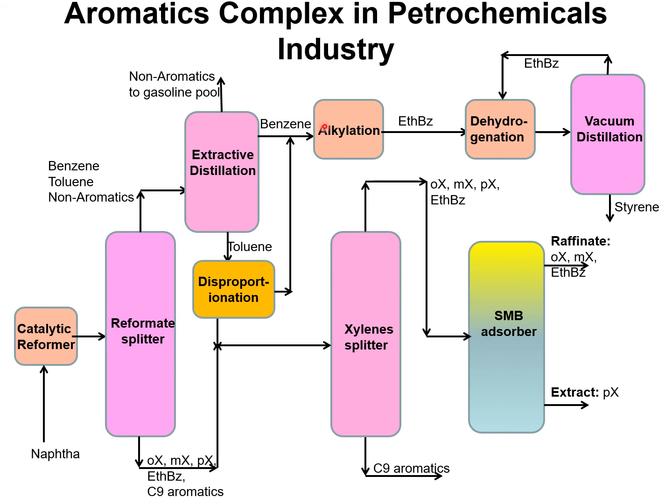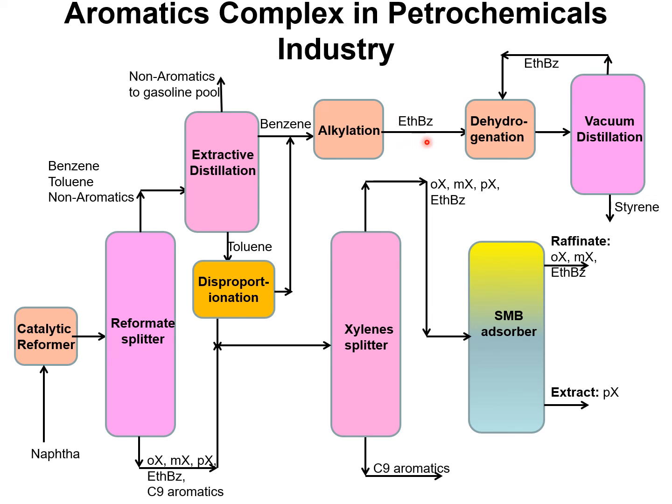The benzene is sent to an alkylation unit to produce ethylbenzene. Remember, a few slides ago we were talking about ethylation of benzene using MFI zeolite and how important entropy effects are in deciding the catalytic performance.